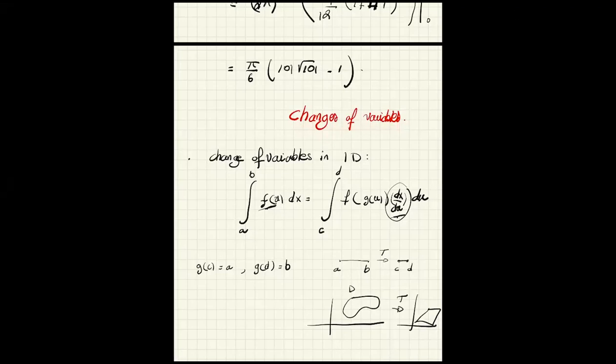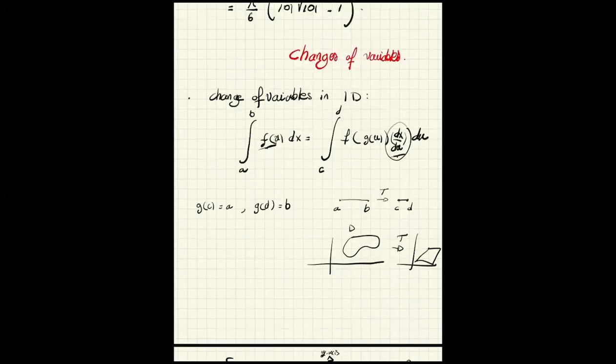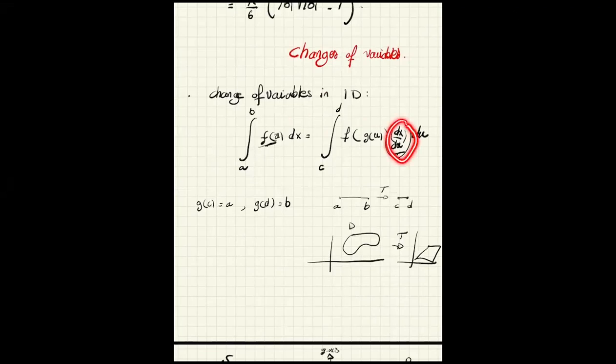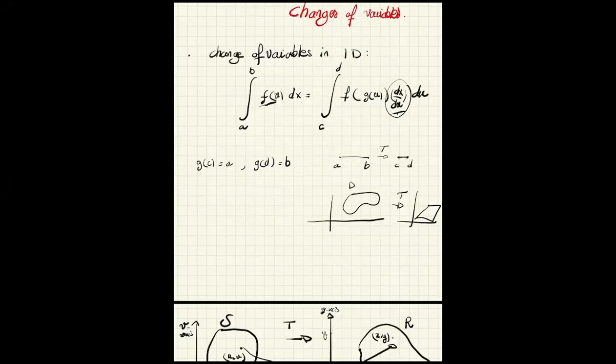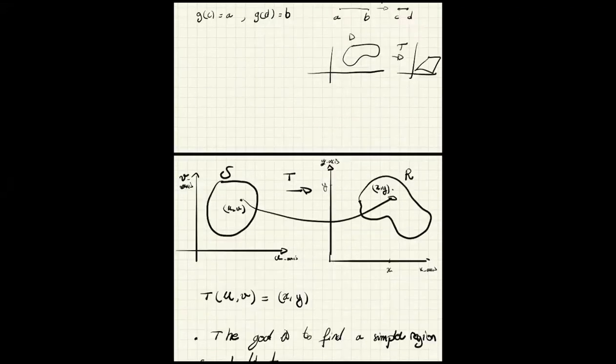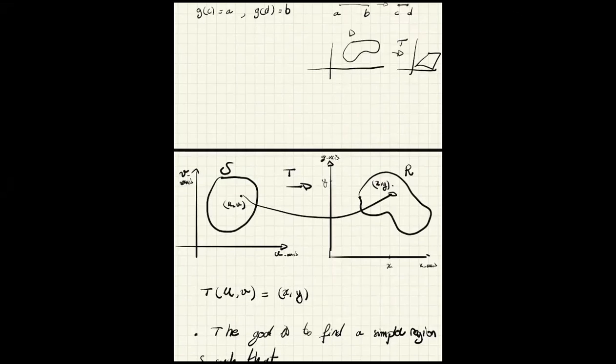So change of variables. We wanted to find a formula that is the same as this one in one dimension. And we started talking about transformations from the UV plane to the XY plane. So remember what we did?